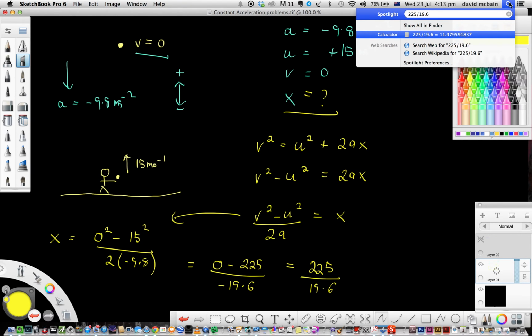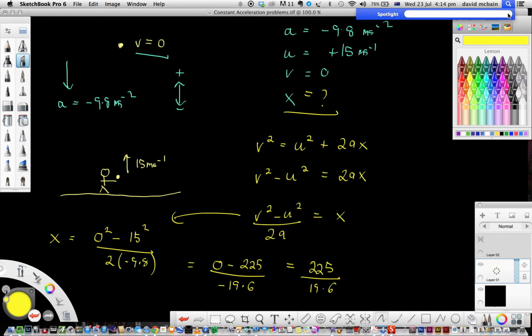we see that the answer is about 11.48 meters. So that's telling us that this rock, when it was thrown, reached a maximum height.